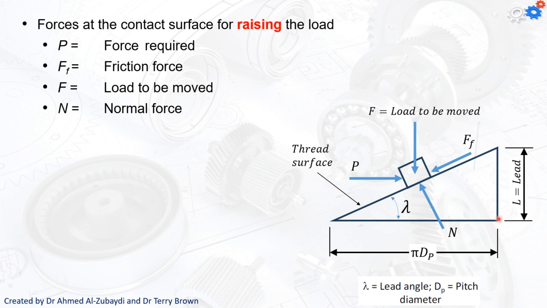The distance from the beginning of the thread surface to the end, we call the L, or the lead length. The distance from the beginning to the end of the thread surface horizontally is pi multiplied by the DP, or pi multiplied by the pitch diameter value.